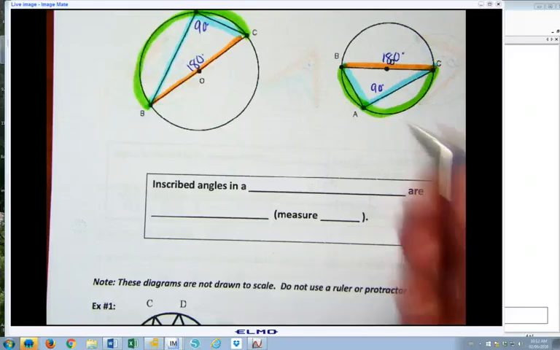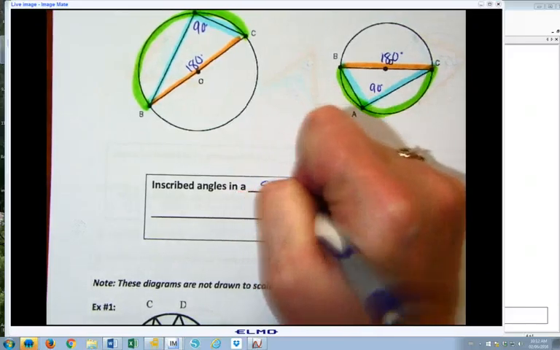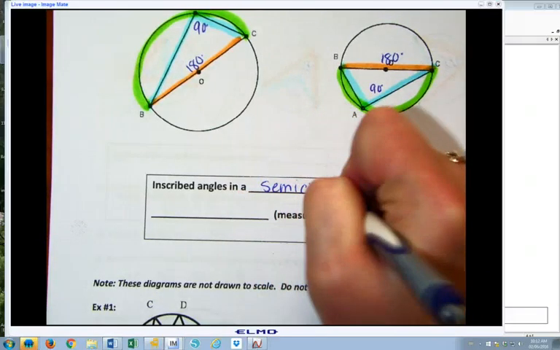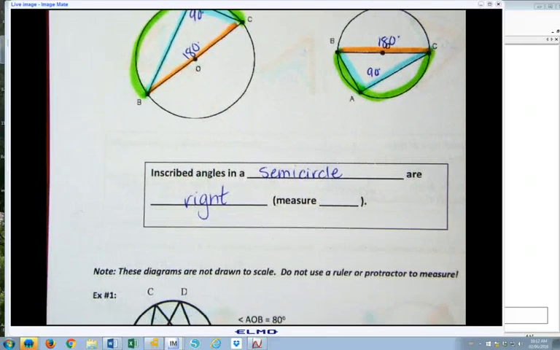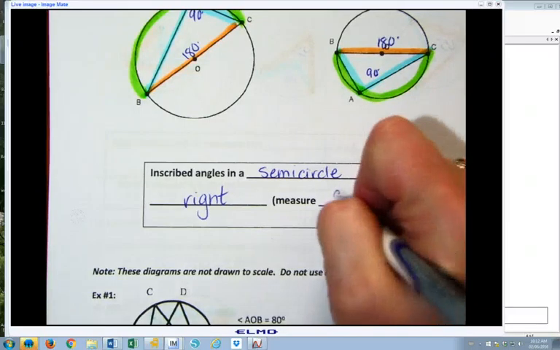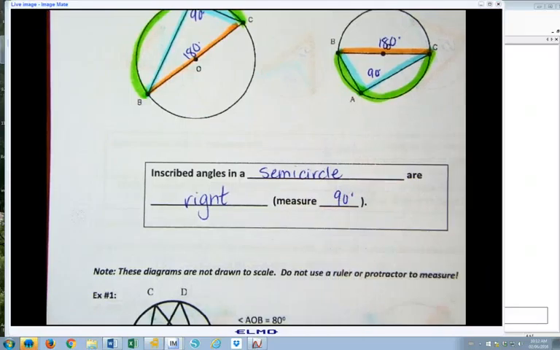So inscribed angles in a semicircle are right. That doesn't mean right as in right versus wrong. What does a right angle mean? 90 degrees. So I call the properties arrowhead or Star Trek, bow tie, semicircle. And semicircle really just is arrowhead. It's just a special case.